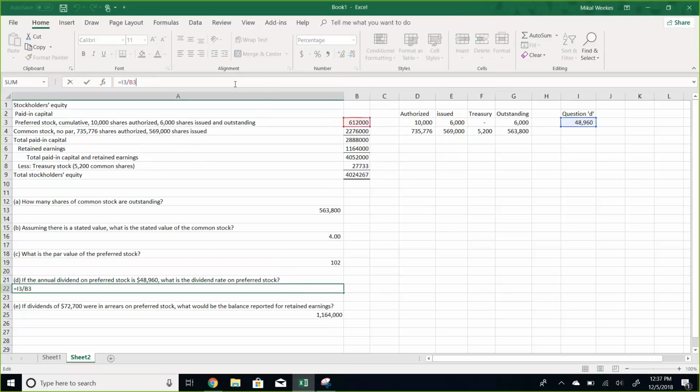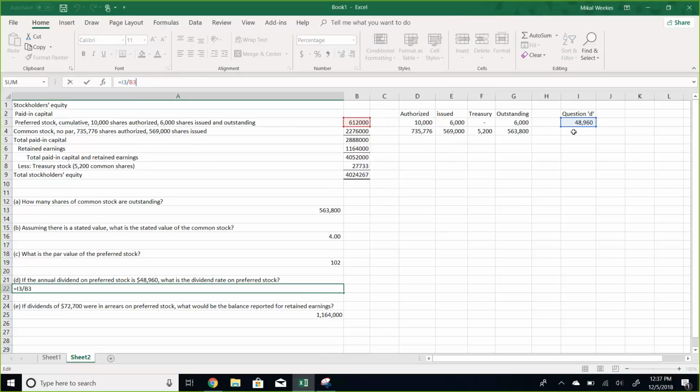For our next question, let's take a look. If the annual dividend on preferred stock is $48,960, what is the dividend rate on the preferred stock? Well, this one's another one that's fairly simple to figure out. It's simple division.